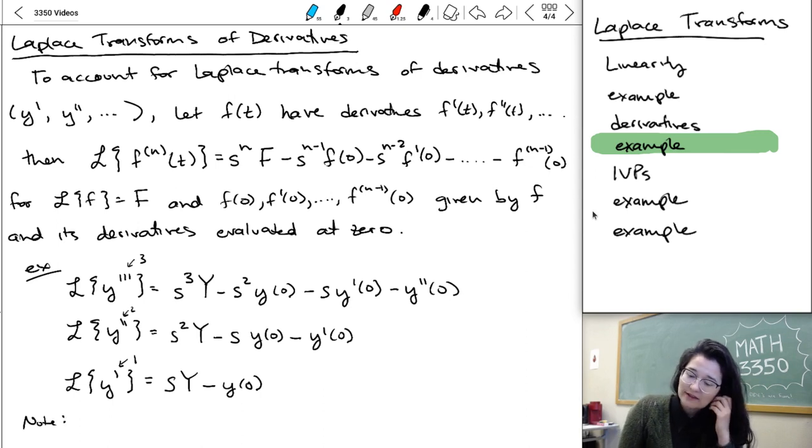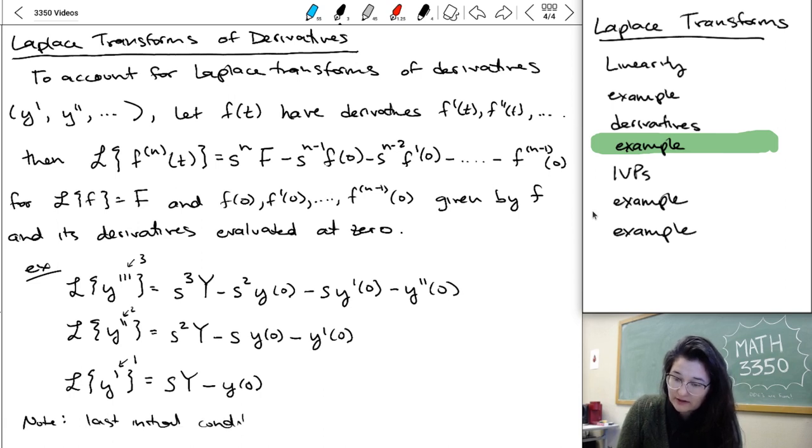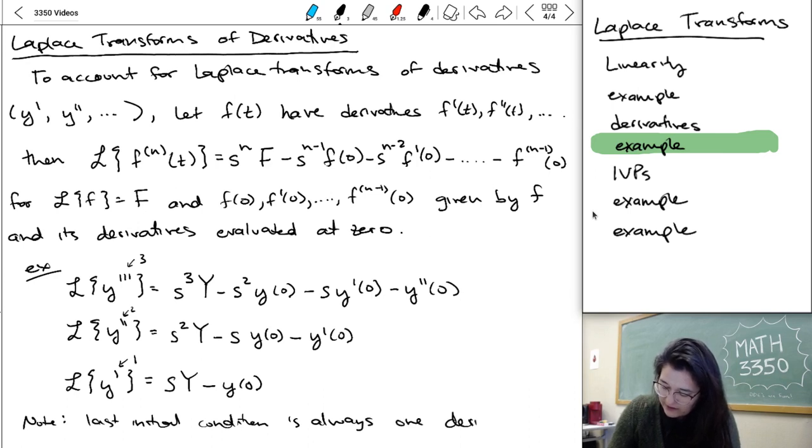kind of a way to check as you're doing this minus thing, whether you're doing it right. Your last initial condition is always one derivative lower than the transformed derivative.